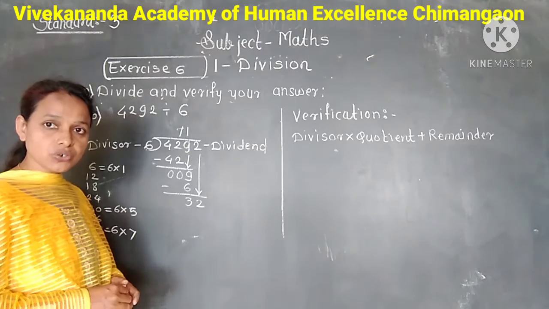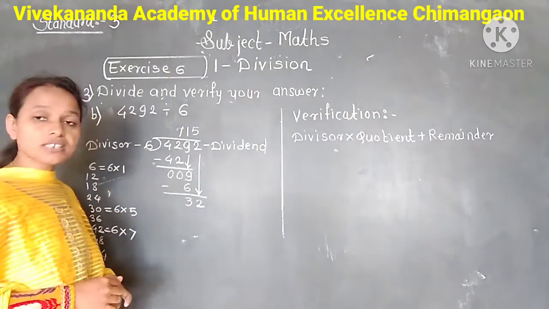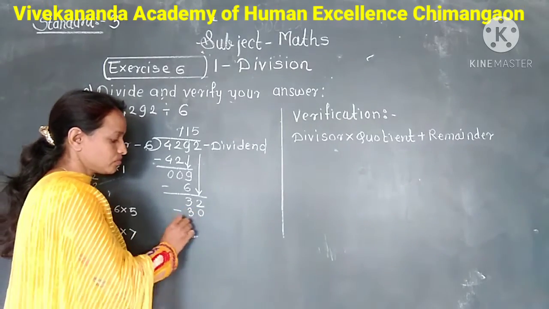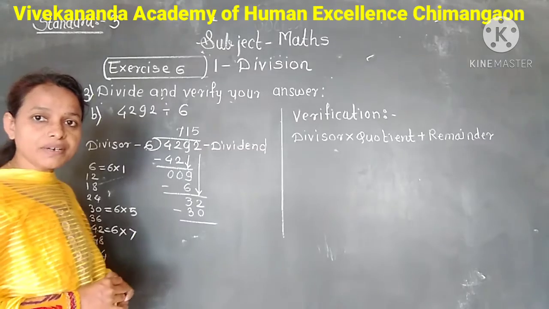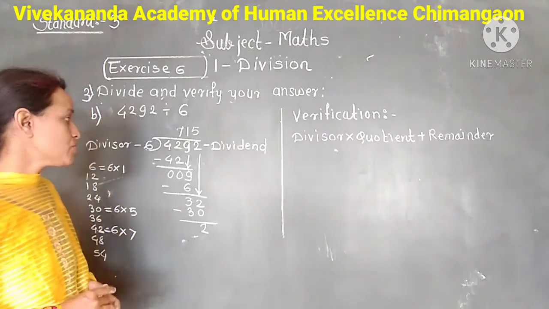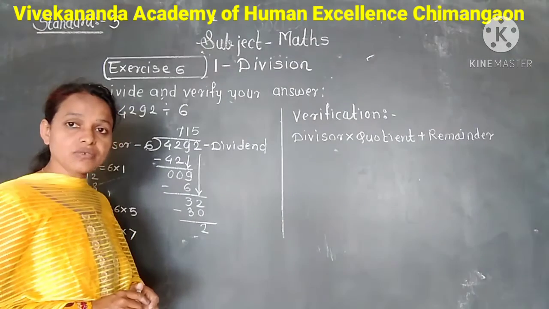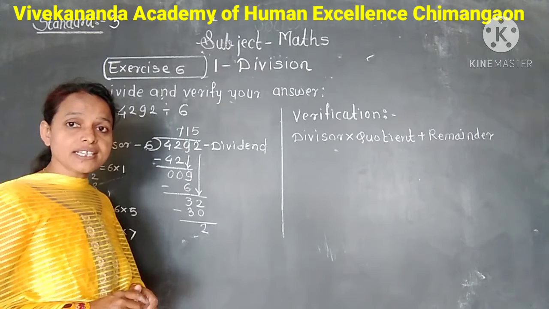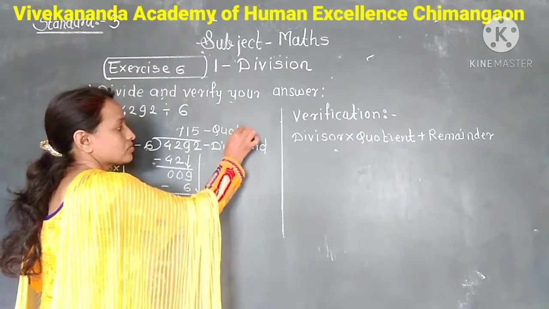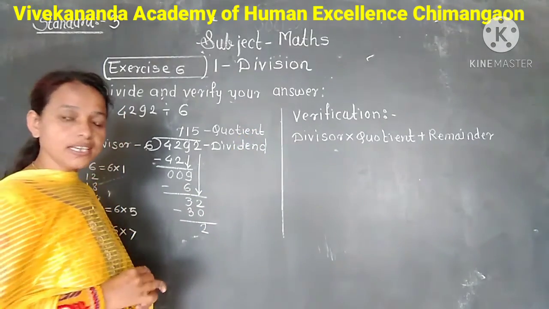So write 5 as a quotient in 1's place. And product 30 right below 32. So here we subtract, we get 2. So here student, we divide 4292 by 6. We get 715 as a quotient. And 2 as a remainder.